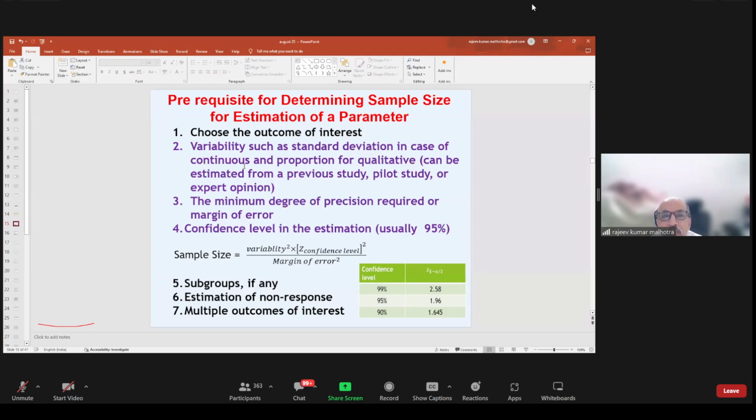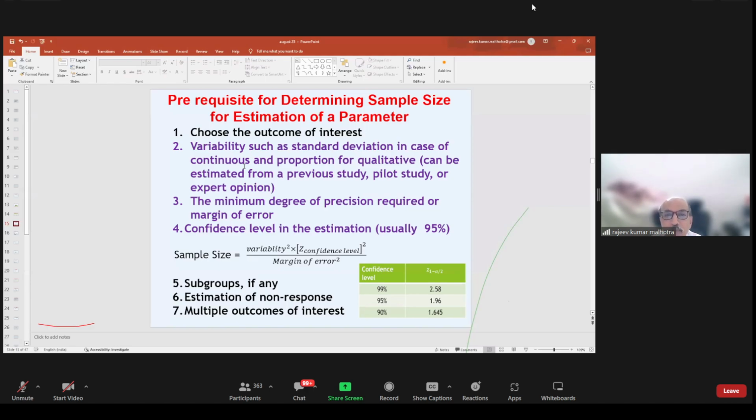These are some prerequisites for determining the sample size for estimation of a parameter. First, choose the outcome of interest and your target population. Suppose you want the proportion of delirium.